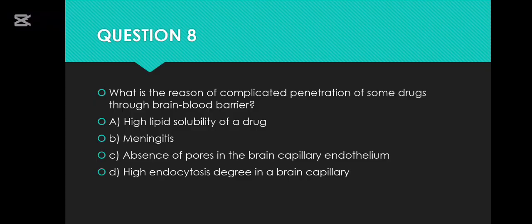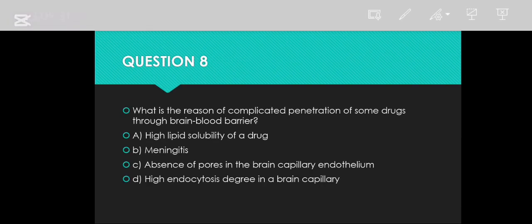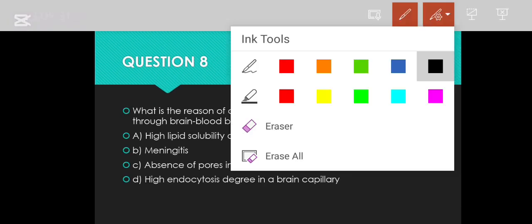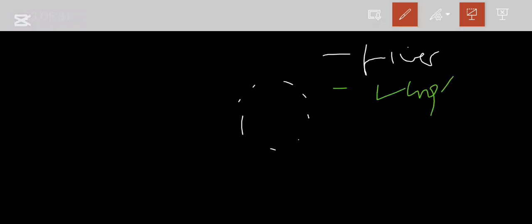C, absence of pores in the brain capillary endothelium. The absence of pores in the brain capillary endothelium, we mean this. Okay. Like others, they are made up of discontinuous capillaries, when we're talking about the liver and the lungs. The liver and the lungs are made up of discontinuous capillaries.